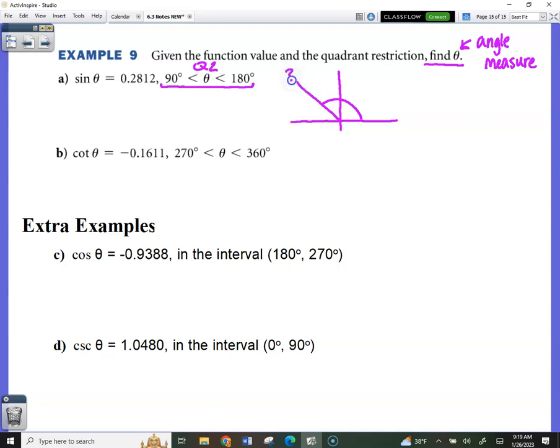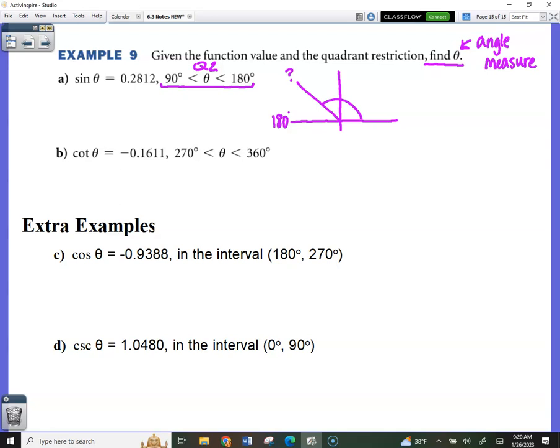We don't know the angle. That's what we're trying to find. And what is the nearest x-axis angle? 180. Okay, I'm just going to label. Alright, then you're going to go to your calculator.